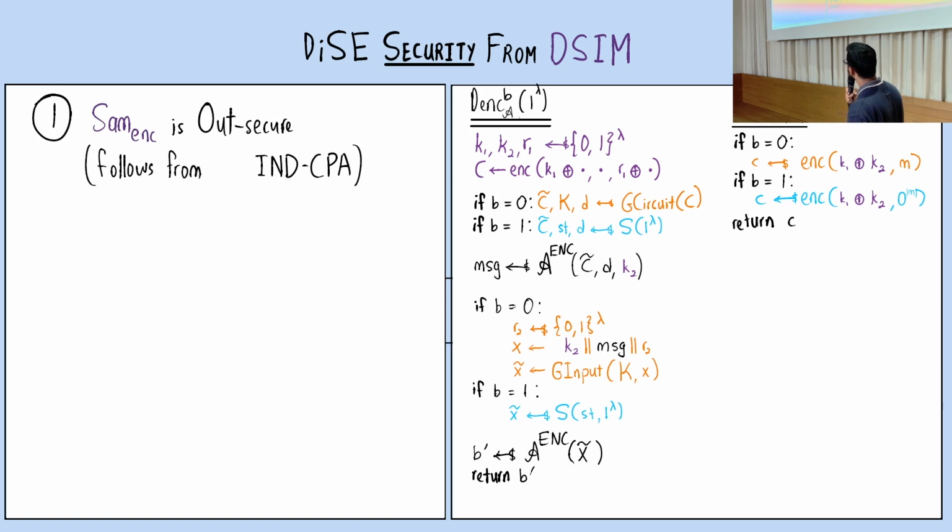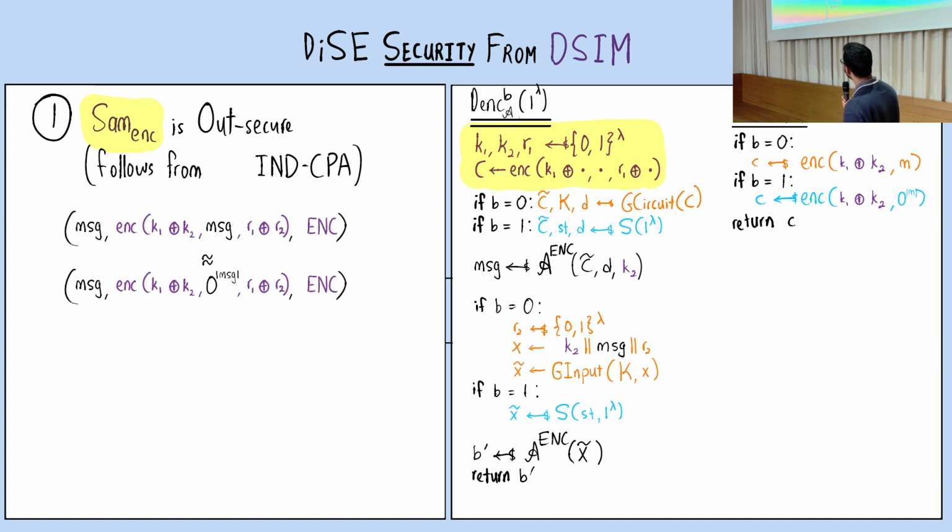Proof sketch. First, when you want to use DSIM, you really need to prove that the sampler is auxiliary-input secure, or cryptographic. So the way you do this is to show that currently the view of the adversary, this thing on top, is indistinguishable from what you have on the bottom.